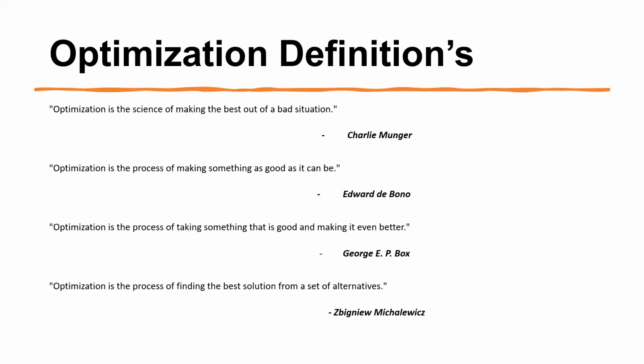I think he's very famous, and you might have also read the book where he has written a lot about the thinking hats. The next one is optimization is a process of taking something that is good and making it even better. Optimization is a process of finding the best solution from a set of alternatives. All of these make sense, and all of these are good explanations for definitions of optimization.